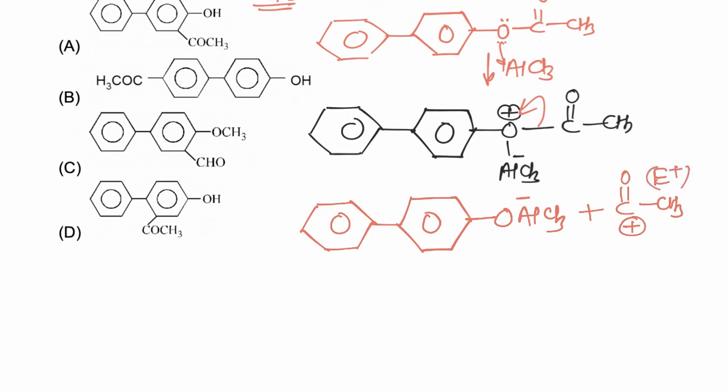an electrophile. Now this electrophile will attack at the ortho and para position, but the para position is already blocked. Now this O negative will increase electron density at the ortho and para positions. So the upcoming electrophile will attach at the ortho position.